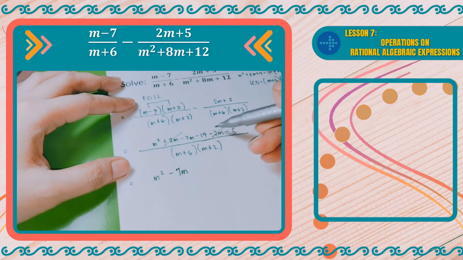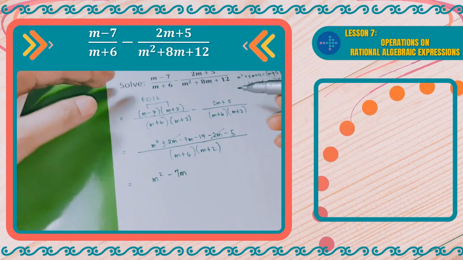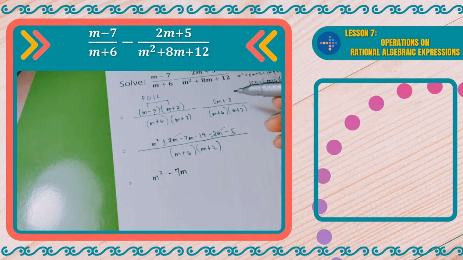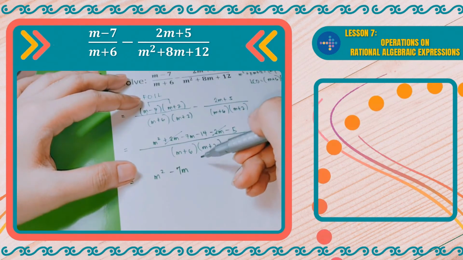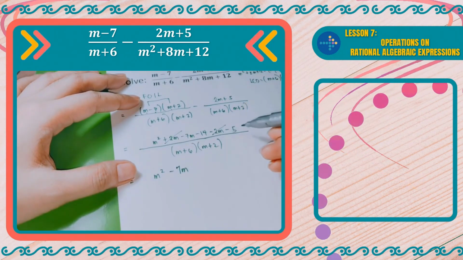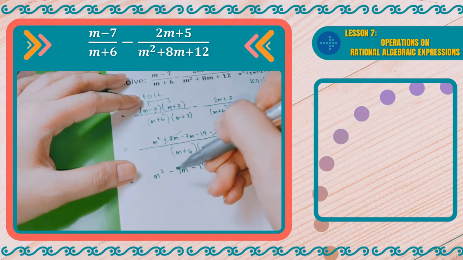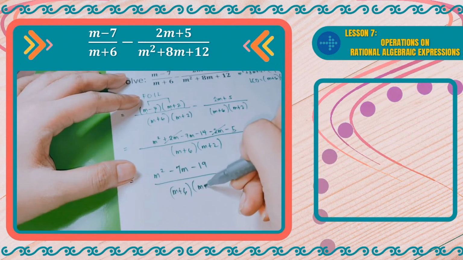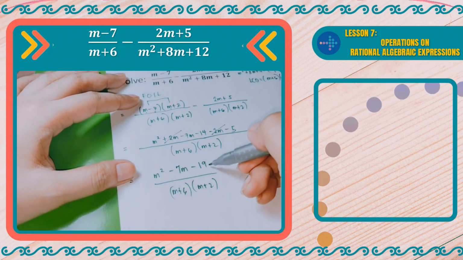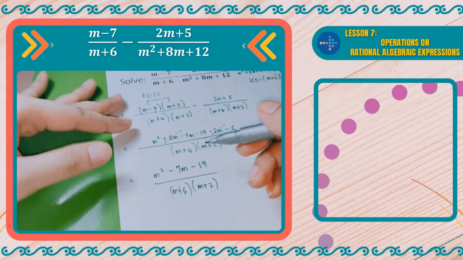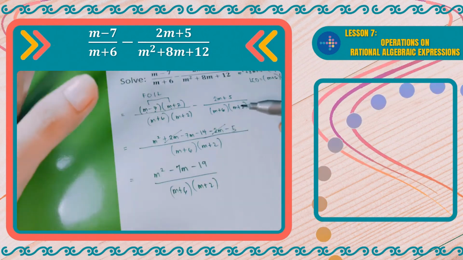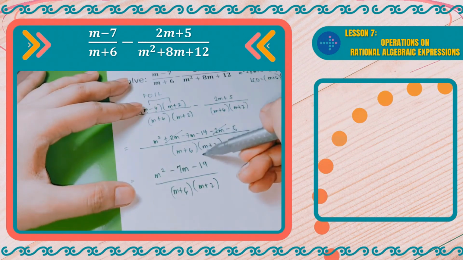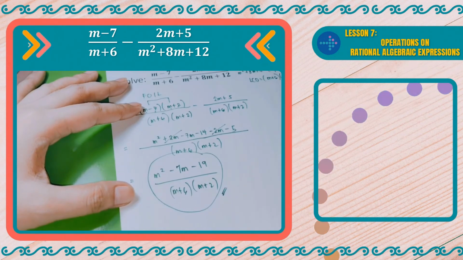Then, for negative 14 and negative 5, like terms, therefore, add negative 14 plus negative 5 is negative 19 over m plus 6 times m plus 2. So, si negative 19, wala naman siyang ibang factors na pwedeng maging negative 7 ang sagot. Therefore, eto na yung final answer natin.